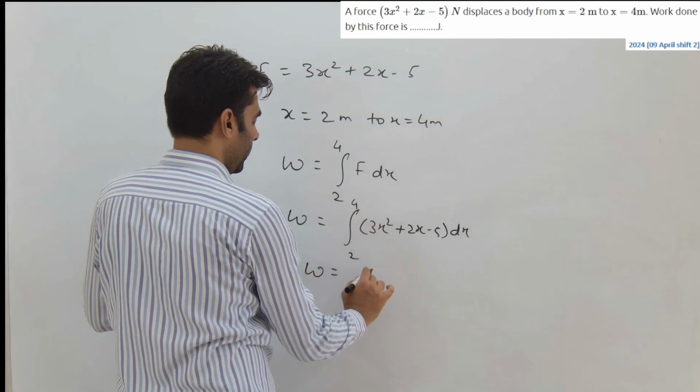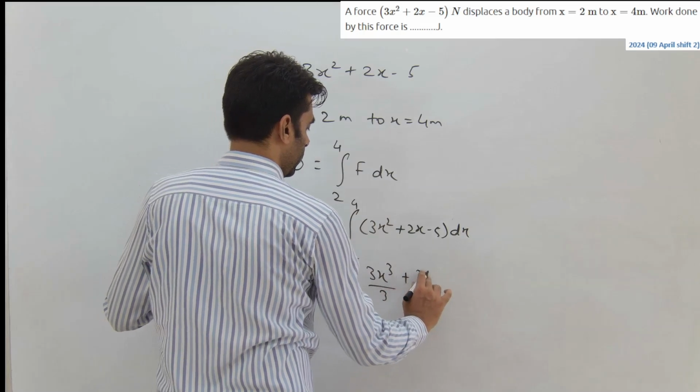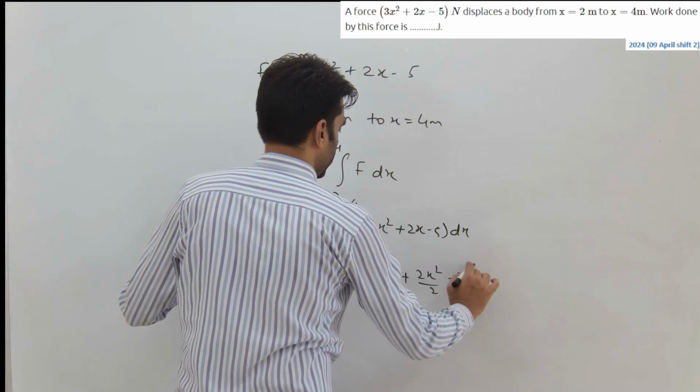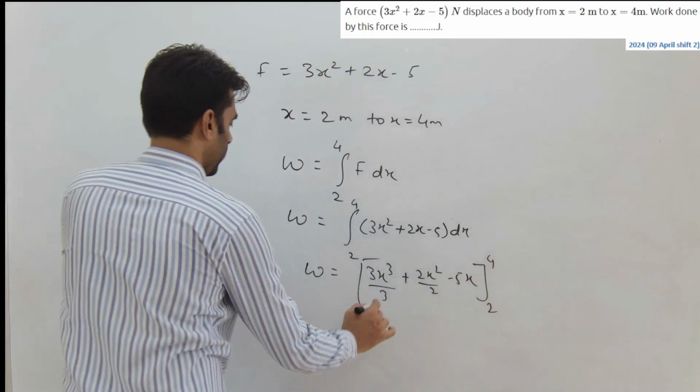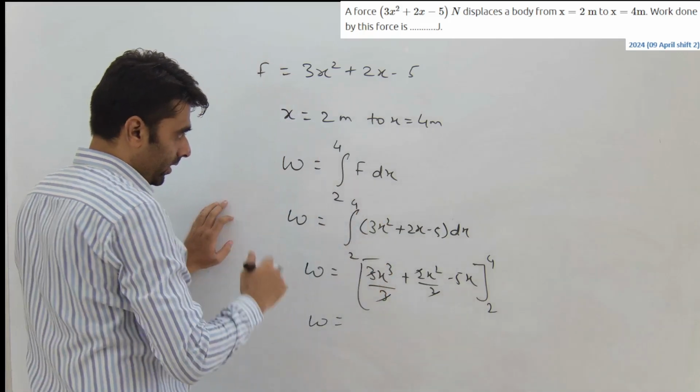If we integrate it, it will come out 3x cube by 3 plus 2x square by 2 minus 5x, from 2 to 4. So let's substitute the limits over here.